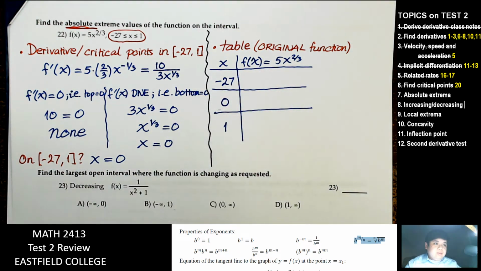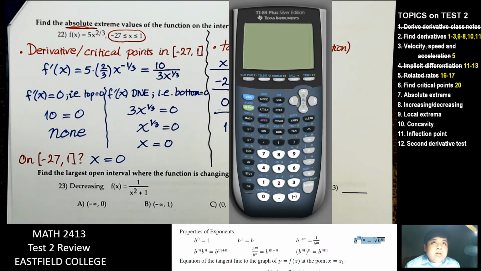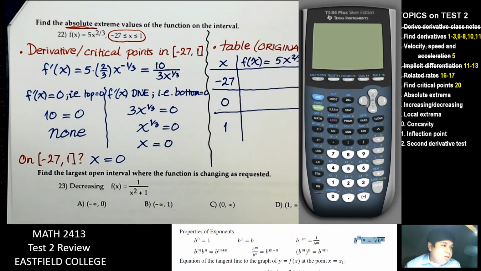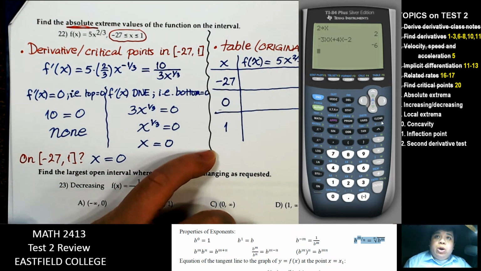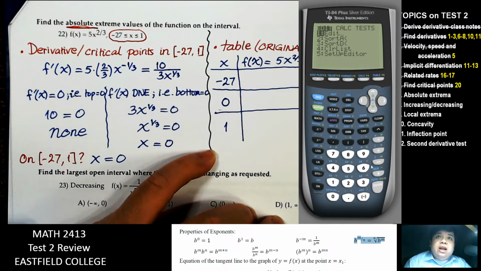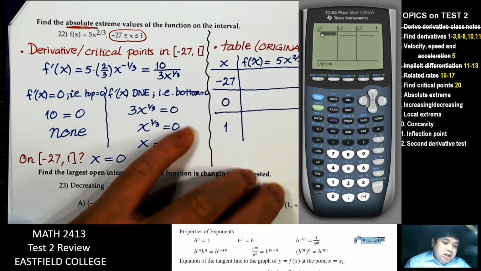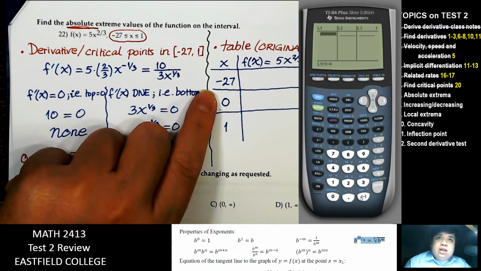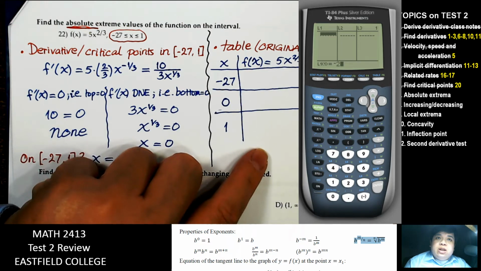Calculator. We go to stat and edit, and put the list: negative 27, 0 and 1.